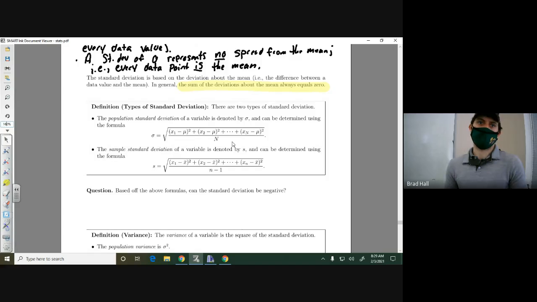Kyle, got any ideas? No, it can't be negative because it's getting squared. That's one way you can look at it. What happens when you square stuff? It's going to become positive. No matter what the difference is, if you square -3, it becomes +9.